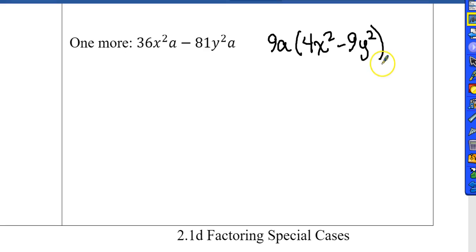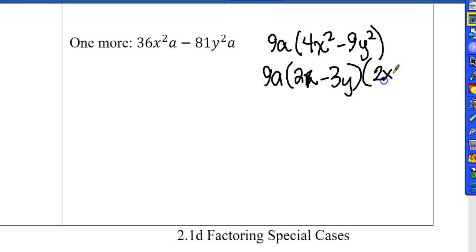And then, of course, before we stop and say, hey, we're done, we look to see if it fits that category of continuing to factor. The difference of perfect squares? Yep. So we would say it's 9A times 2x minus 3y and 2x plus 3y.